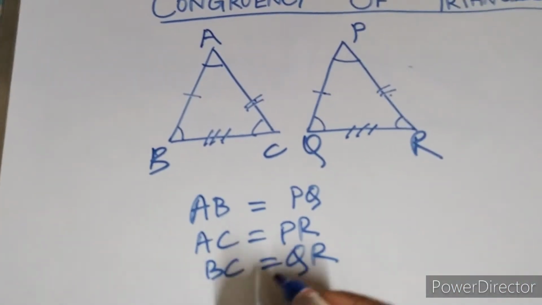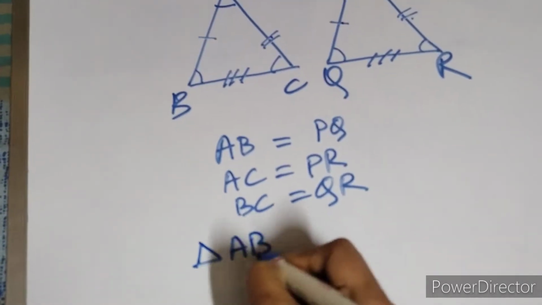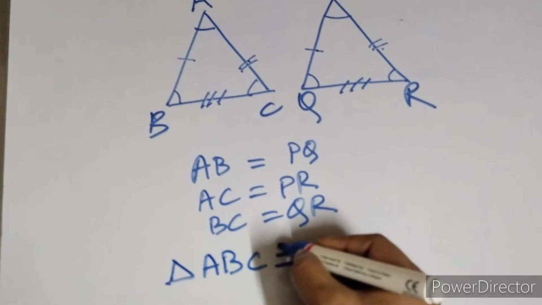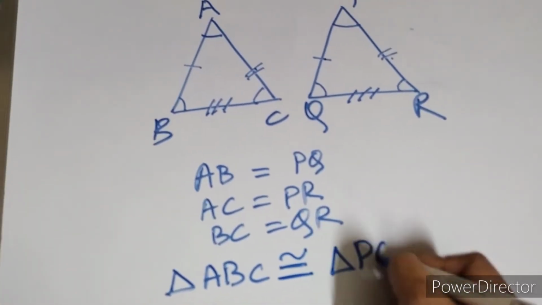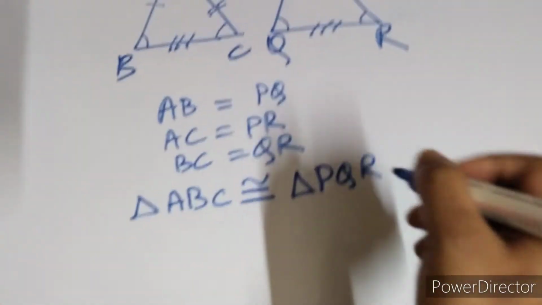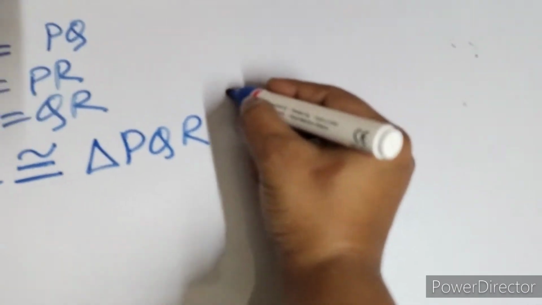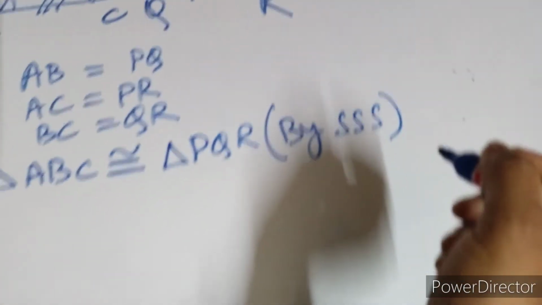So we say that these two triangles are congruent, right? Triangle ABC, we write the symbol of congruency like this, is congruent to triangle PQR. Now what is the criteria here? This criteria is side, side, side. What you will write? By side, side, side criteria.